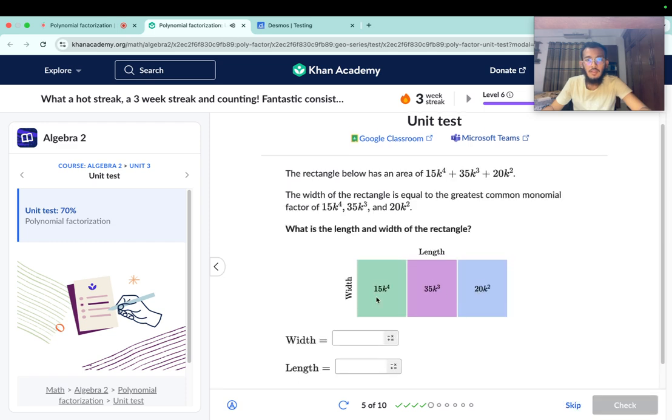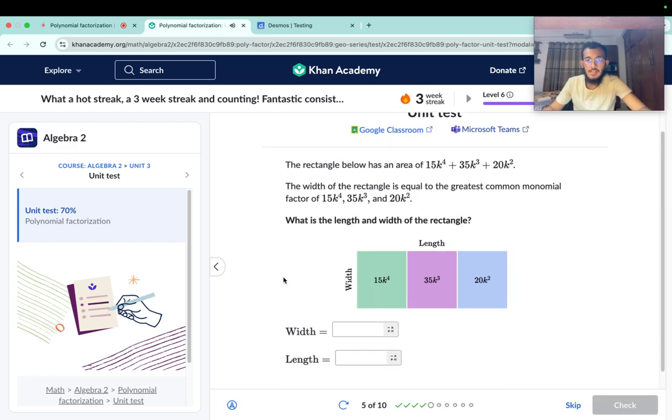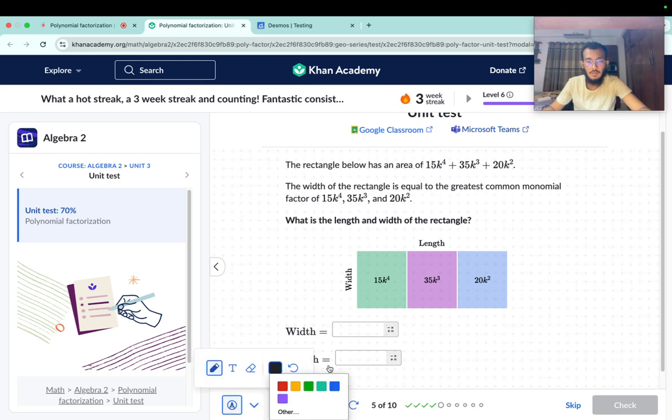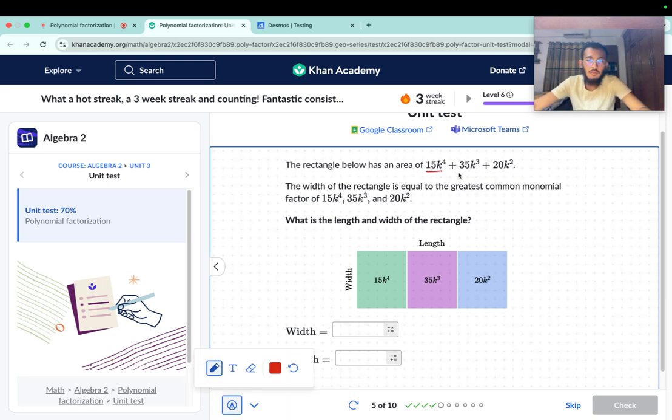Right. The rectangle below has an area of 15k to the power 4 plus 35k cubed plus 20k squared. The width of the rectangle is equal to the greatest common monomial factor of these. What are the length and width of the rectangle?